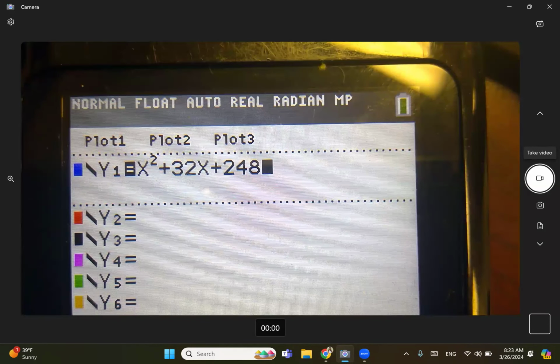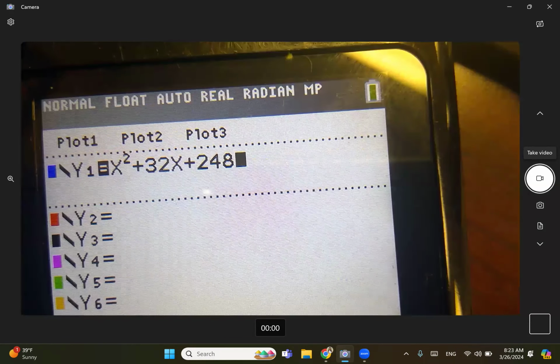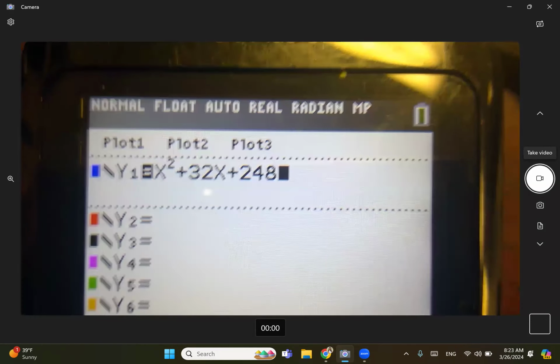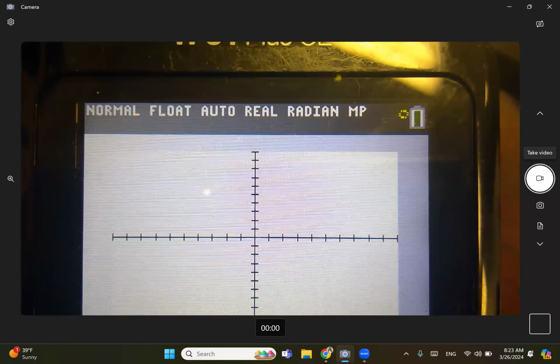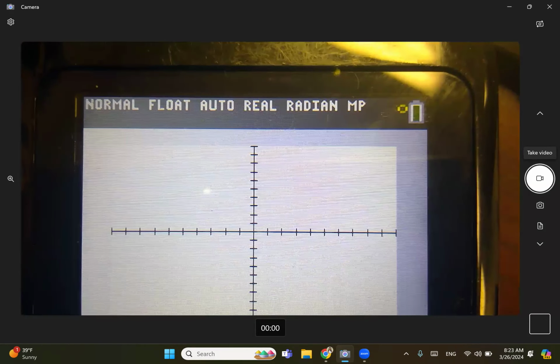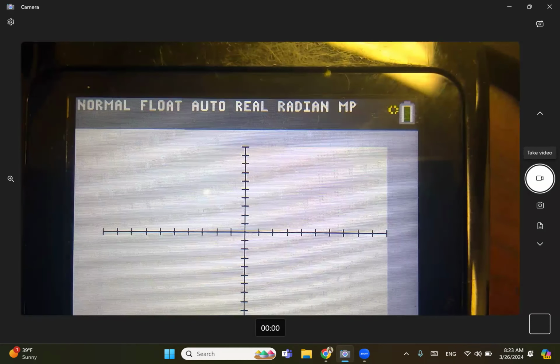Is it plus 248? Minus 248 or plus? Okay. Now hit graph and see if you can see any of the zeros or any of the x-intercepts.